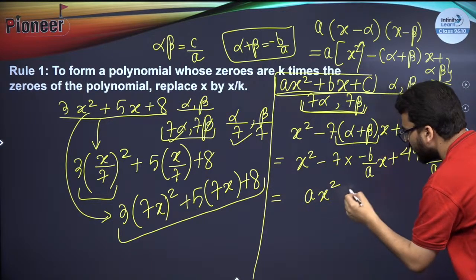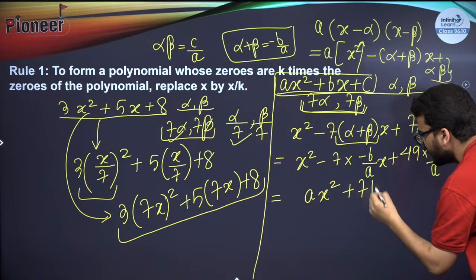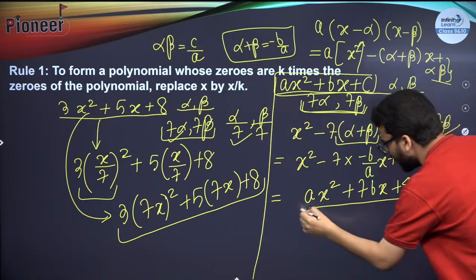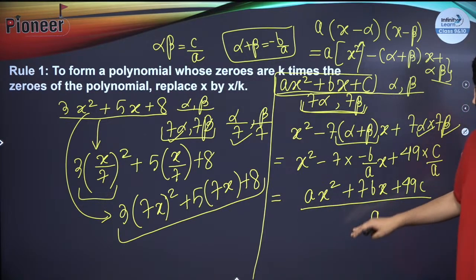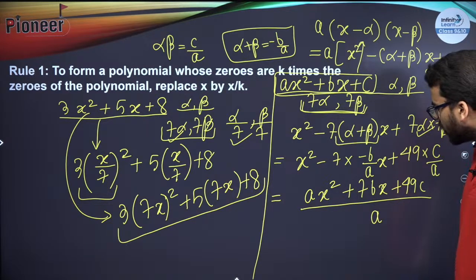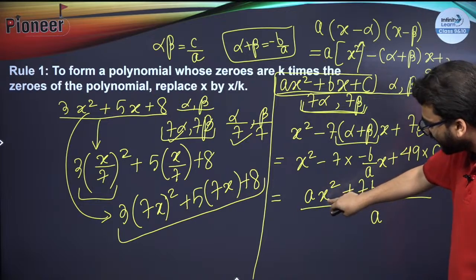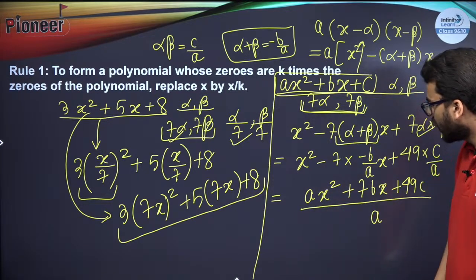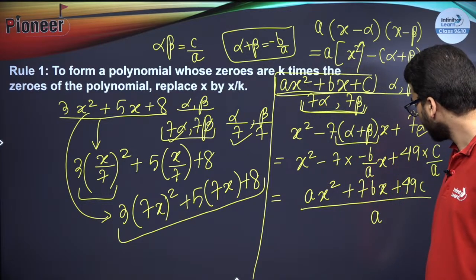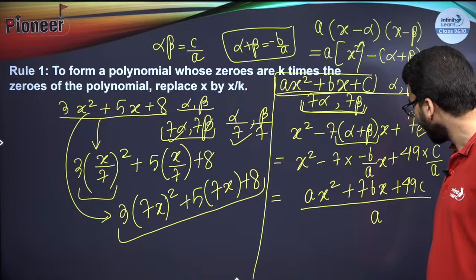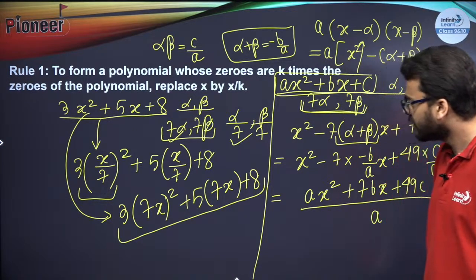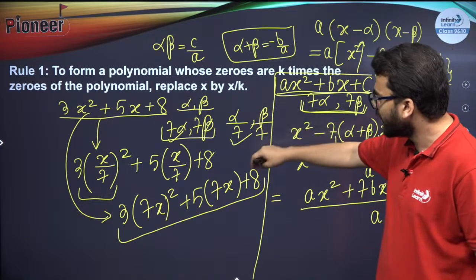So this is 7bx plus 49c, divided by a over here, right? I hope up till here it is clear to everybody in this session. Now I want to explain over here that I am putting 7x the whole square, right? So over here in this polynomial, wait, give me some seconds, guys. In place of x, we are putting x by k, right?